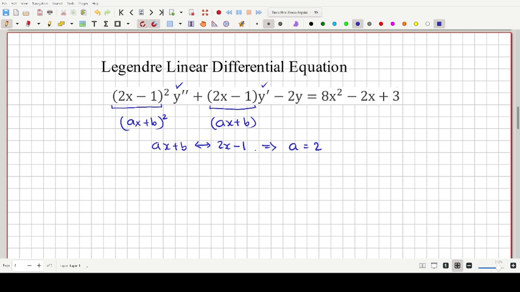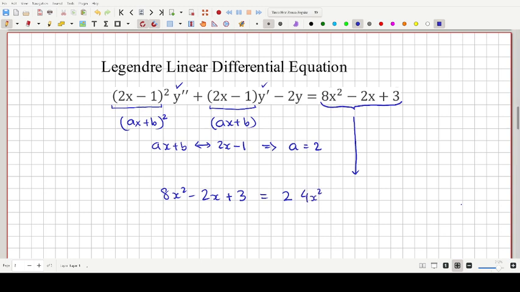All right. Now, on the right hand side, we have 8x squared minus 2x plus 3. What we'll do in the beginning is try to write this in the form of 2x minus 1. The first term is 8x squared, so we can write that as 2 multiplied by 4x squared.